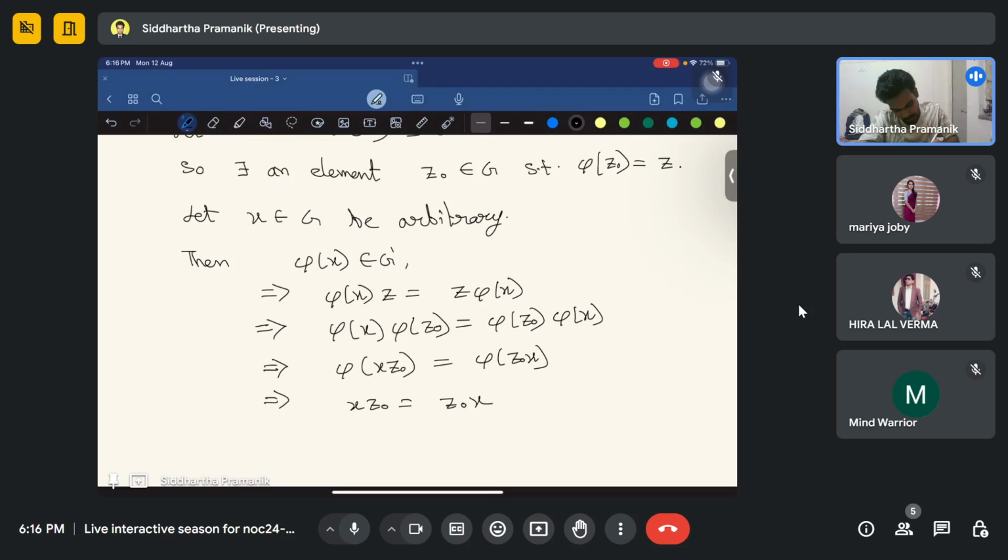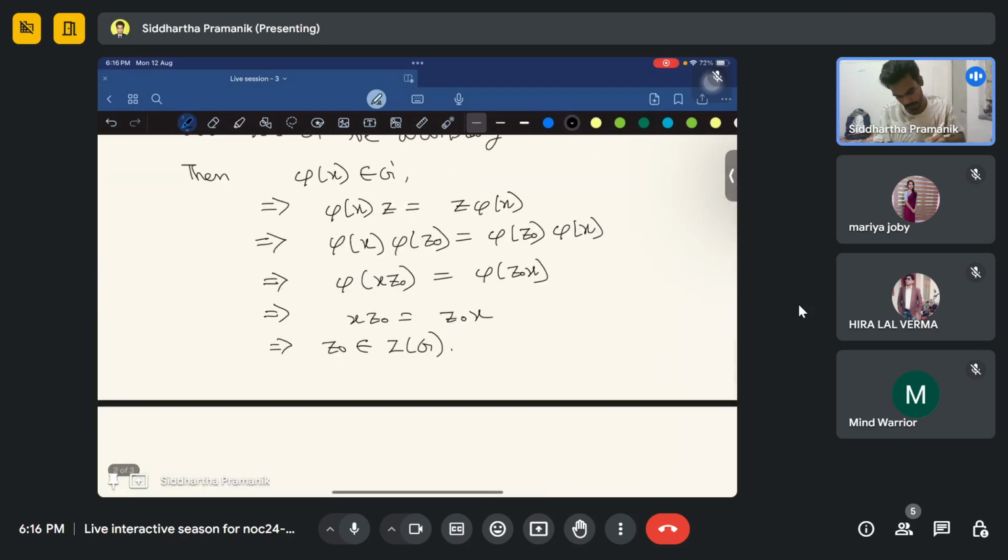So this implies z naught is in the center of G. So we have proved this.